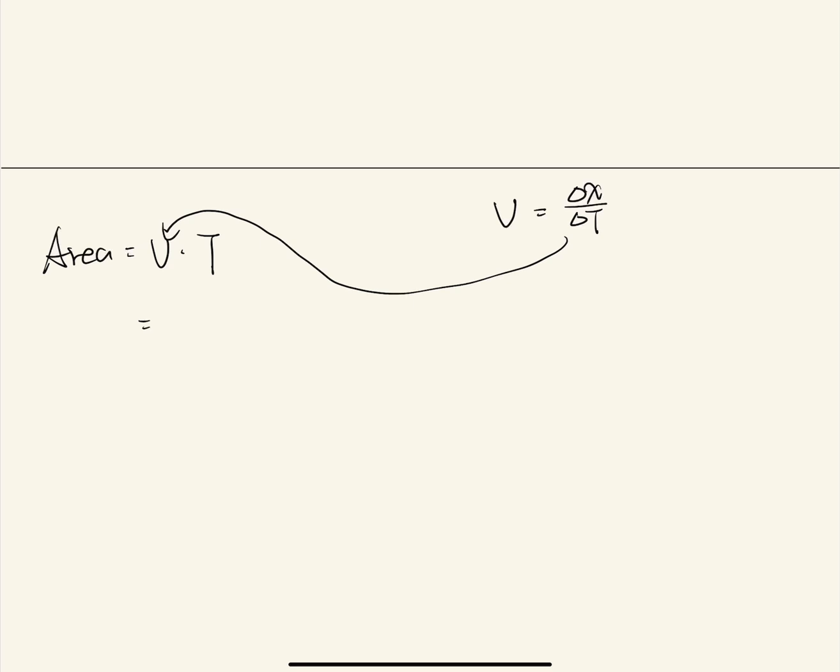So the area would equal changing X over changing T times T. Well, both changing T and T are just representing the time interval. So if we cancel them out, the area under the VT graph would just be changing X, or displacement.